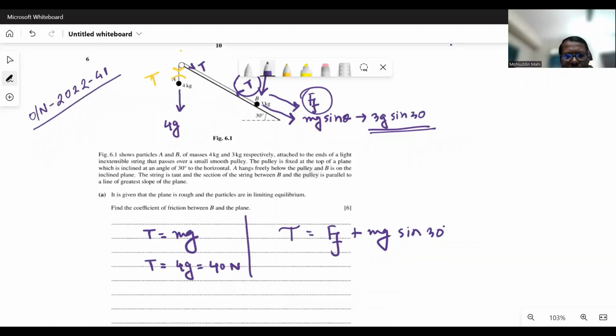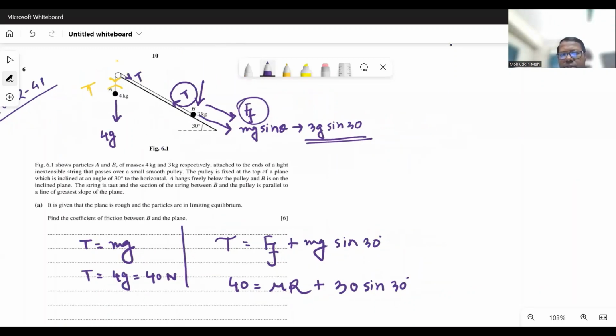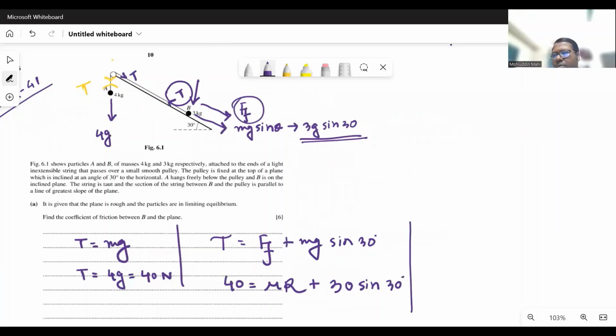So already we know that the tension is 40 newtons. Frictional force is mu R. Mass is 3 kg, so 30 sine 30. Now how do we find out the normal contact force R? That's very simple. R equals mg cos theta.